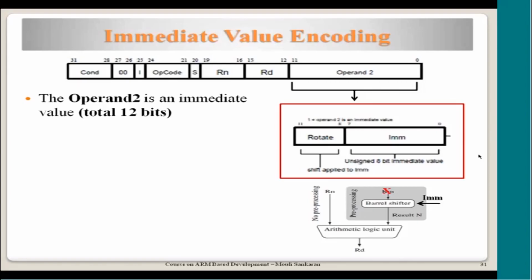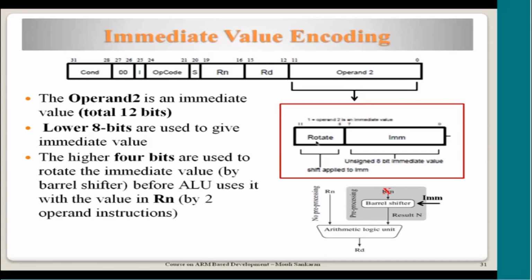Now let us see how this is interpreted. These 12 bits are interpreted as lower 8 bits for the immediate value. So the shifting operation is taken from this value, whatever you mention as this byte value, and the operation is always rotate here. Please remember that it is always rotate, and that is also rotate right. Okay, so I'll tell you how it is interpreted.